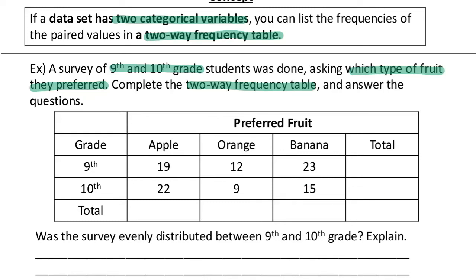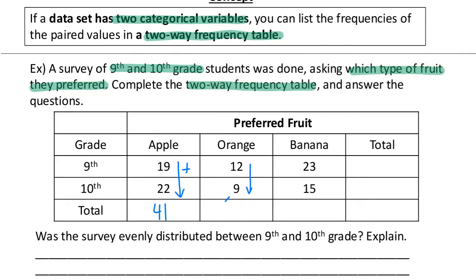So to complete the table, the total for each column goes at the bottom. To get the total, you just add 19 plus 22. So 19 plus 22, that's going to be 41.